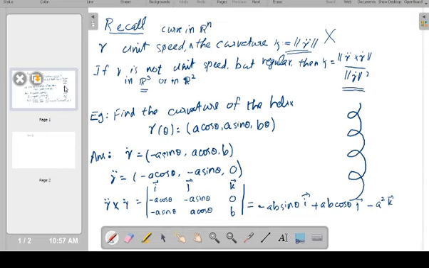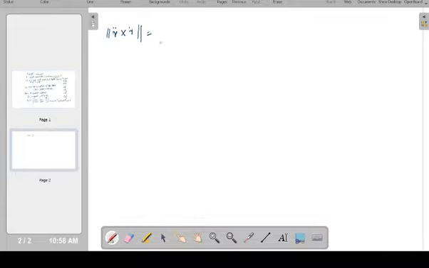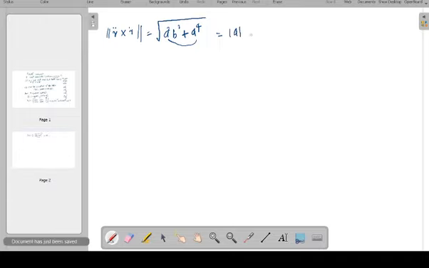So a square b square plus a to the power 4, square root of that. We can take a square out, so square root of a square into, that means mod a into square root of a square plus b square.